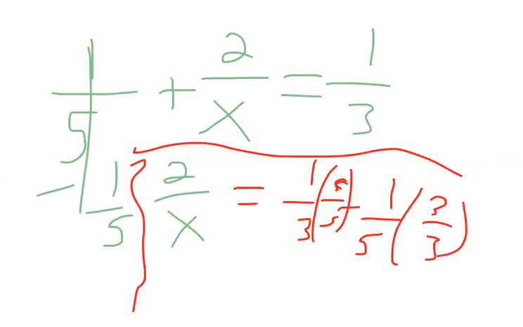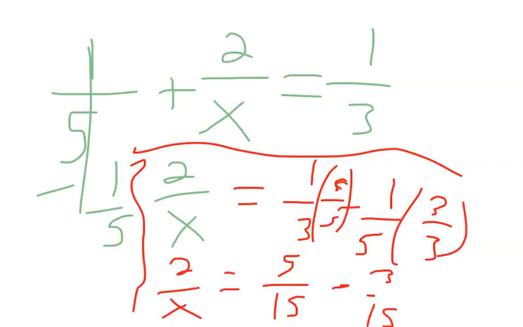So you're going to get 2/x equals 5/15, which is the same thing as 1/3, minus 3/15, which is the same thing as 1/5. So 5 minus 3 is 2. So you're going to have 2/x equals 2/15.